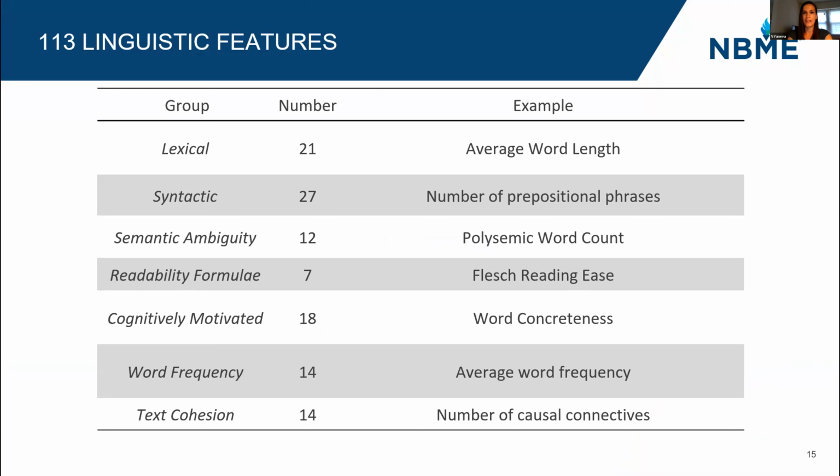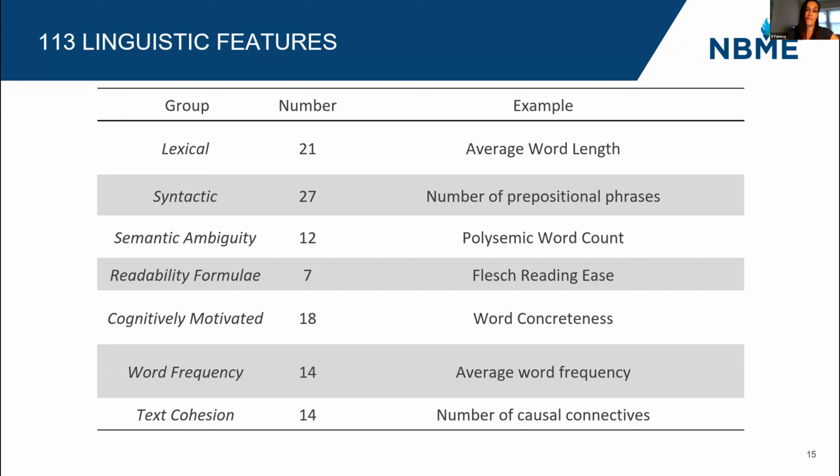I think here it is important to note that unlike in the previous presentation where we have passages with varying levels of reading difficulty, here we talk about items that were written in such a way that they only differ in the knowledge that they assess rather than different levels of linguistic complexity.